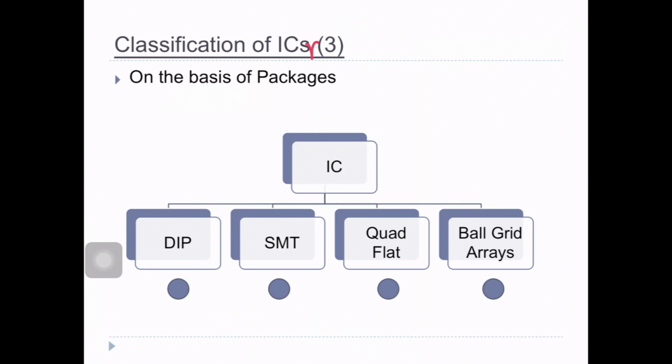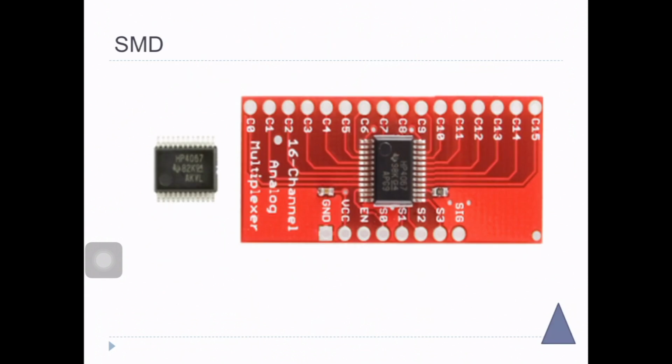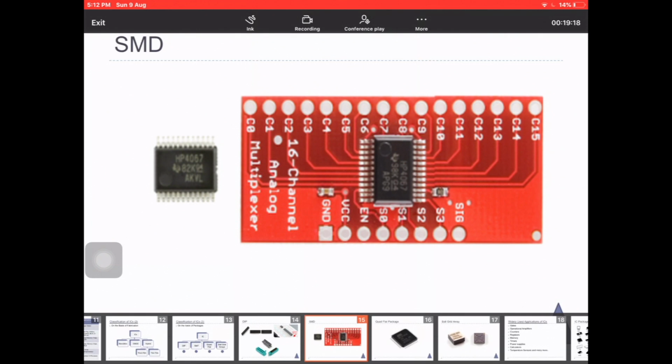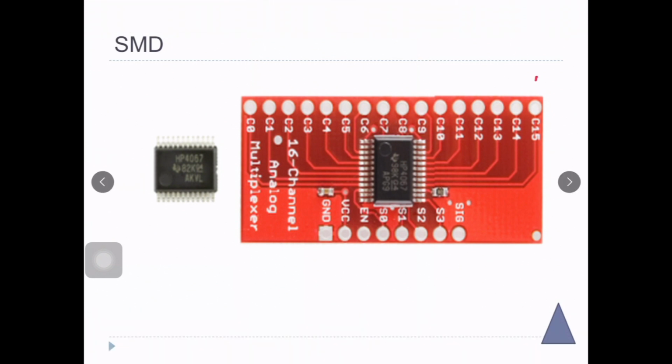And the other is the SMT. SMT is surface mounting technology. As in the case of DIP, we are provided with pins that are put through the hole in the PCB. But here you can see the pins are soldered on the PCB.